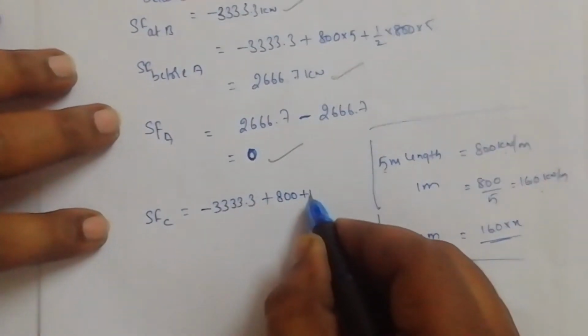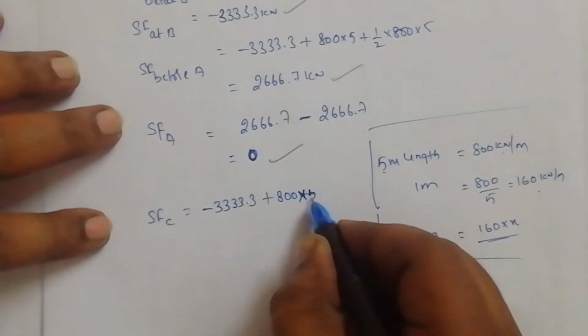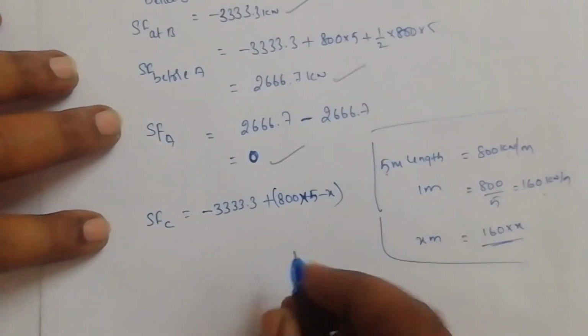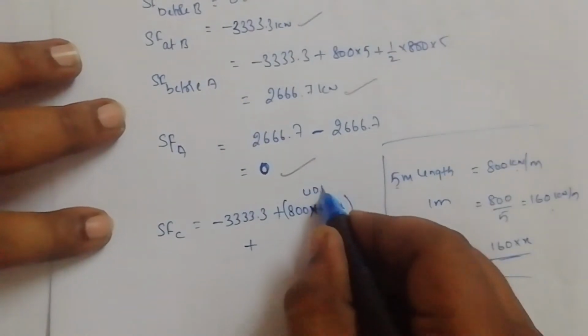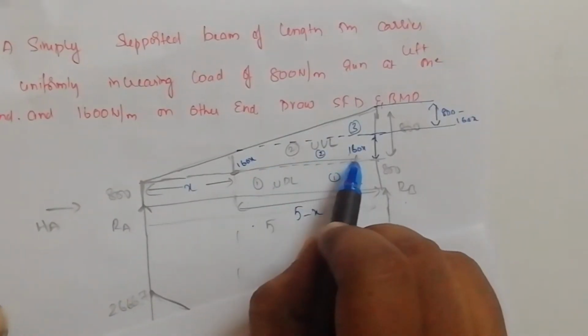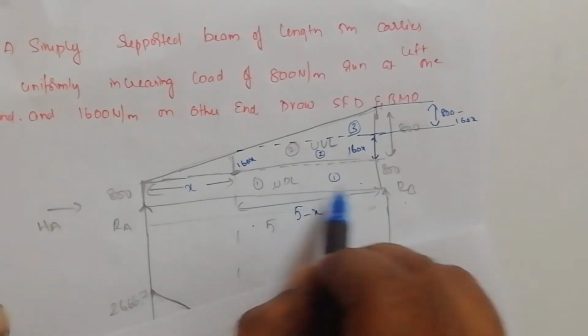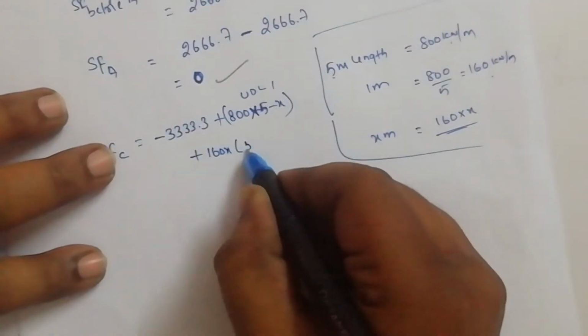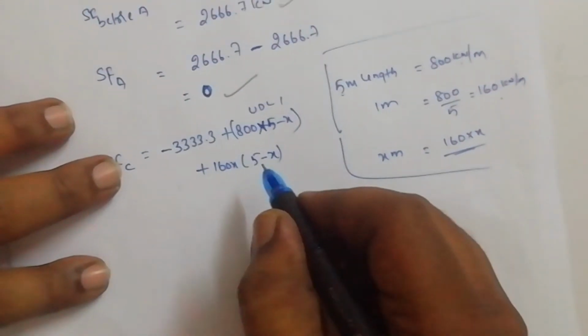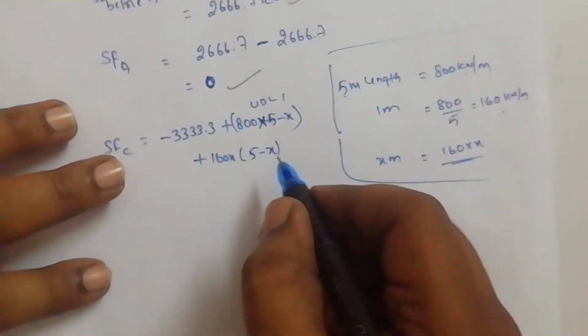First I will write, because of 800 into 5 minus x, correct? Next is plus, this is UDL1, next is UDL2. What is this UDL2? This is 160x height. So 160x into the length 5 minus x.